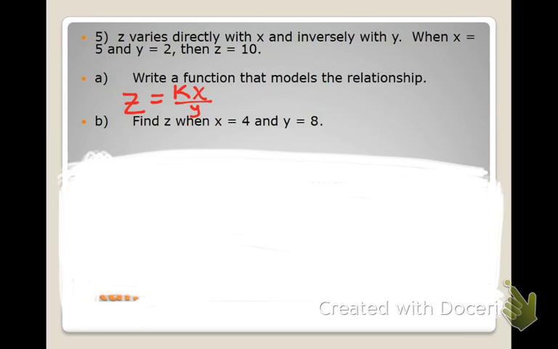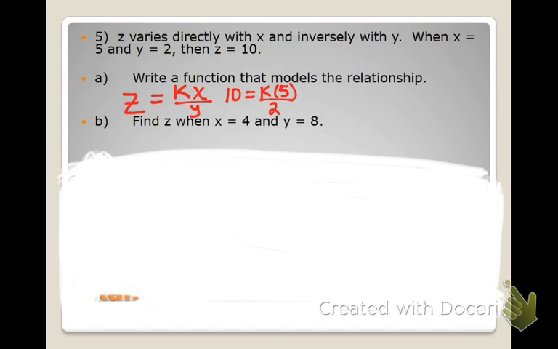Okay, now let's use all that information that they gave us so that we can find, what do we always want to find first? K. We got to find k. So what am I plugging in for z? 10 equals, I don't know k. What's going in for x? 5. And what's going in for y? 2.